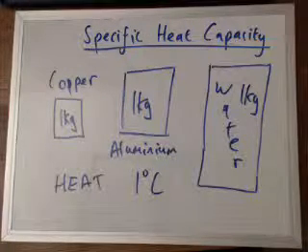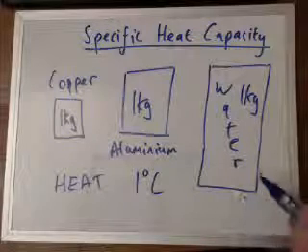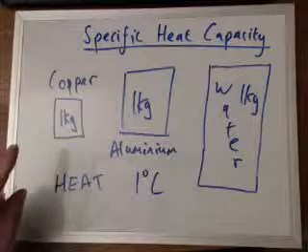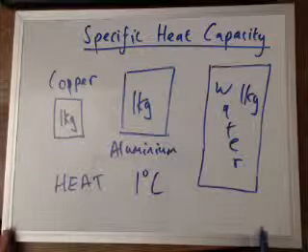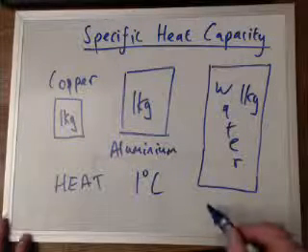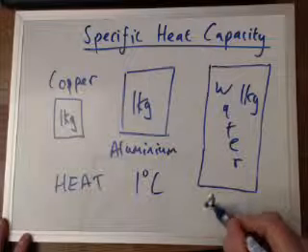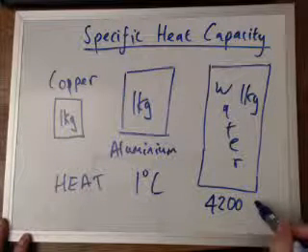Well, in fact, the answer is water would take the most energy and copper would take the least energy. In fact, the energy to raise 1 kilogram of water by 1 degree C is 4,200 joules.